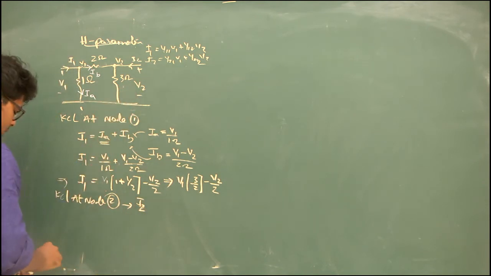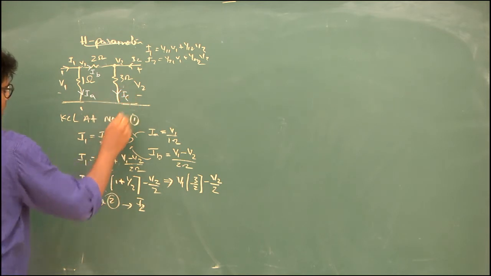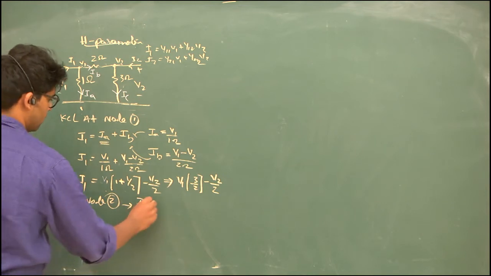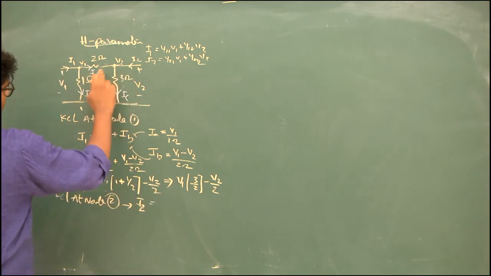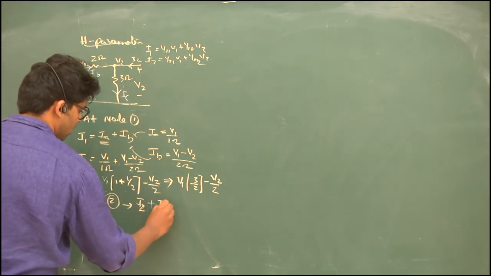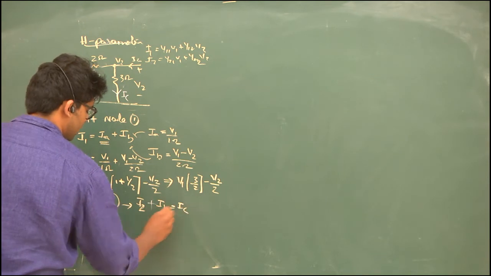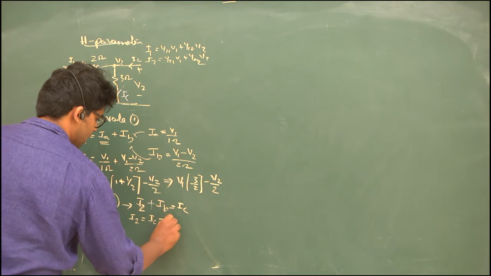Let us take this downward current as IC. Therefore, the current entering this node is I2, and IB is entering. Therefore I2 plus IB equals the current leaving, IC. Therefore I2 will become IC minus IB.